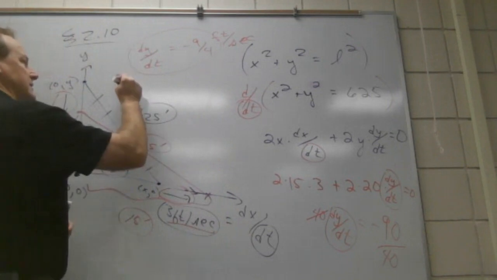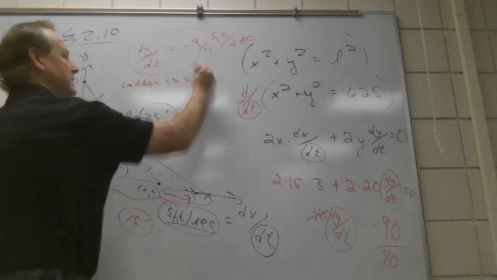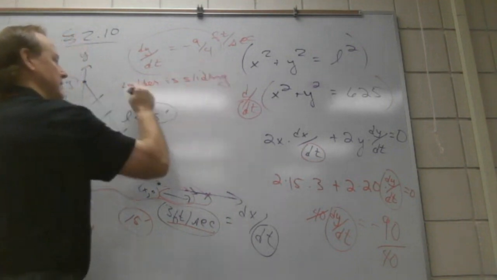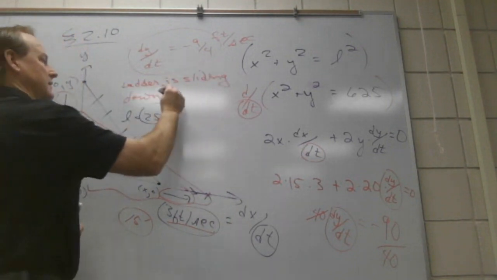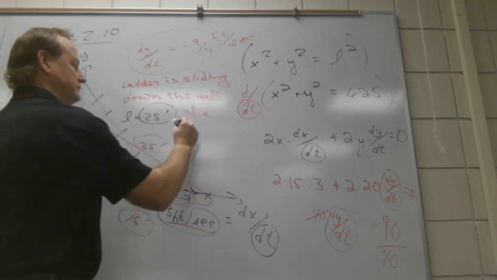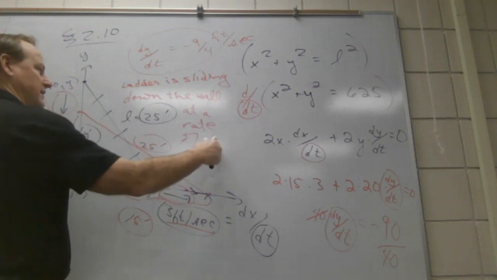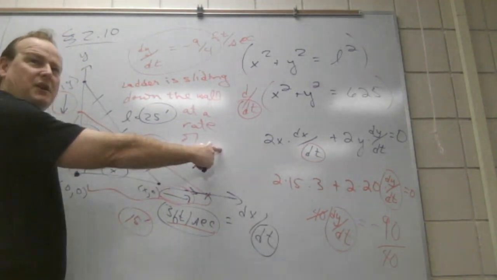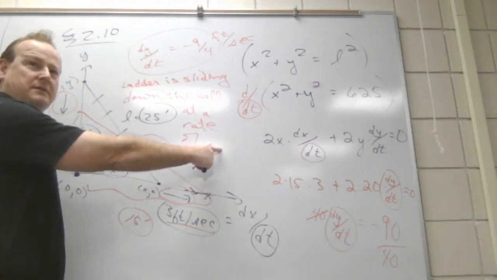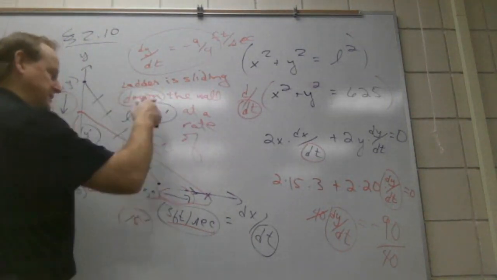So the ladder is sliding down the wall at a rate of, now do I put the minus here, or do I just say 9/4? Just say 9/4 because I said down the wall, which is in the negative direction.